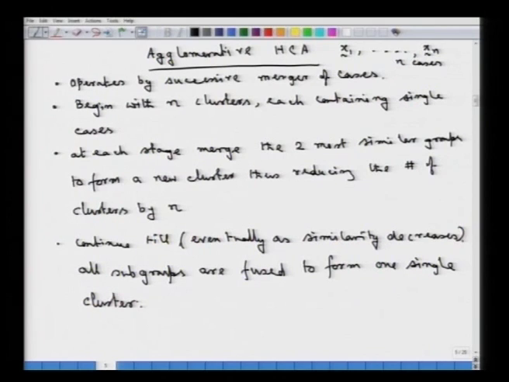So, start with n such clusters, go on merging them. The algorithm for merging and the steps associated, we will see in the algorithmic formulation.